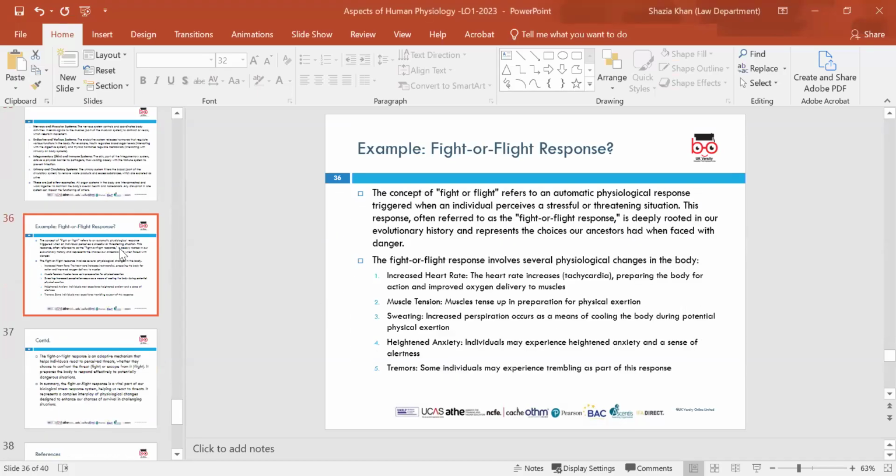So an example is the concept of the fight or flight response. This is a good example of how the nervous system and the endocrine system control other organ system responses.